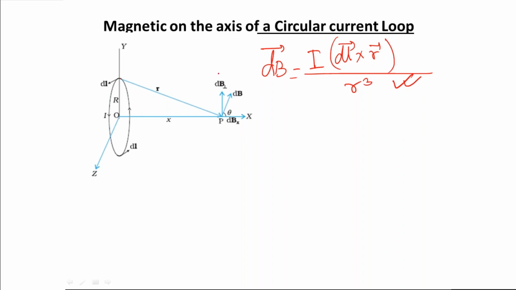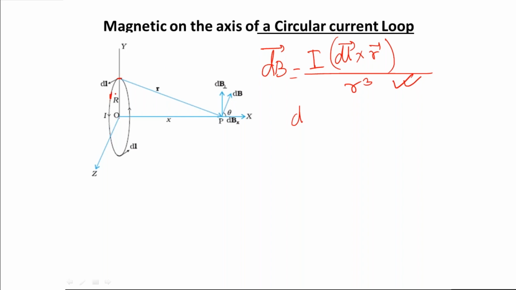Now, as I told, you have to first consider a small current element, and first calculate the magnetic field for such elements, until you cover the whole length of the loop.